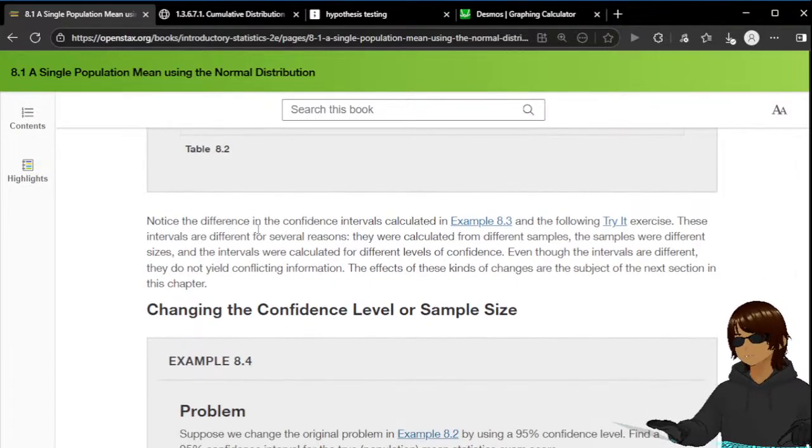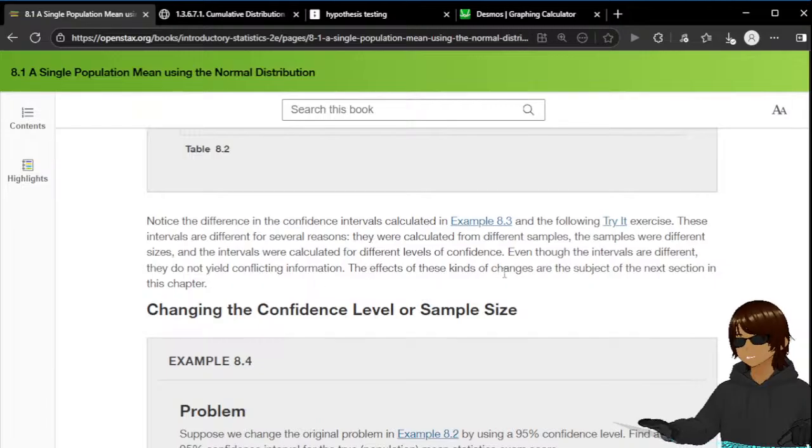Notice the difference in confidence intervals calculated in Example 8.3 and the following Try It example. These intervals are different for several reasons. They are calculated from different samples of different sizes, and the intervals were calculated for different levels of confidence. Even though the intervals are different, they do not yield conflicting information.